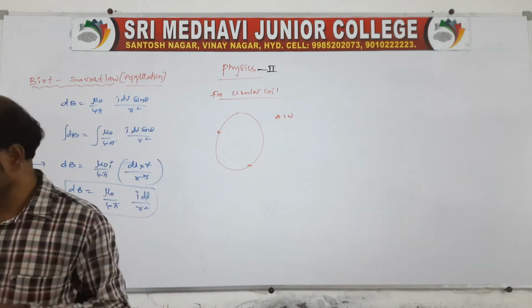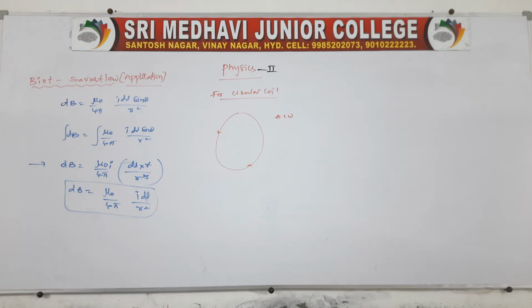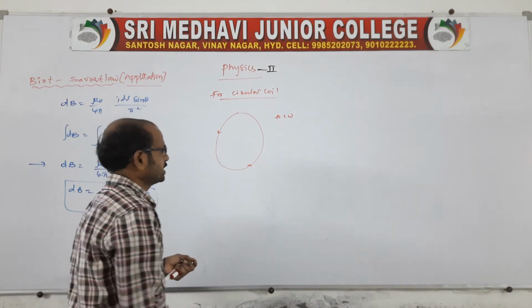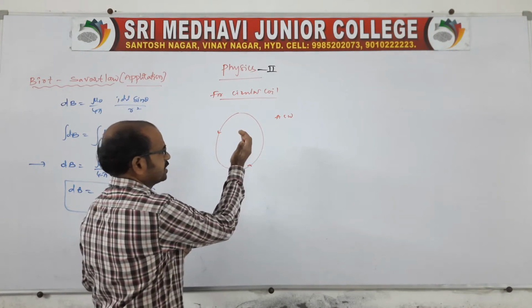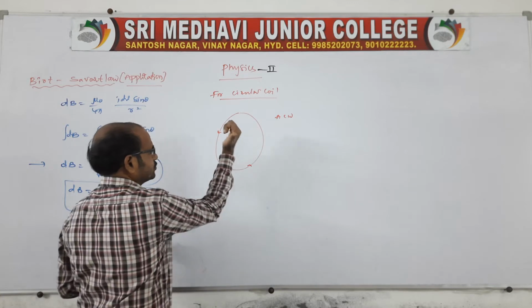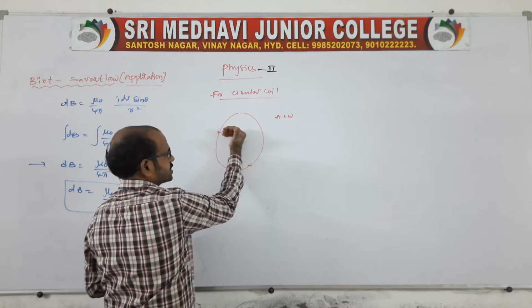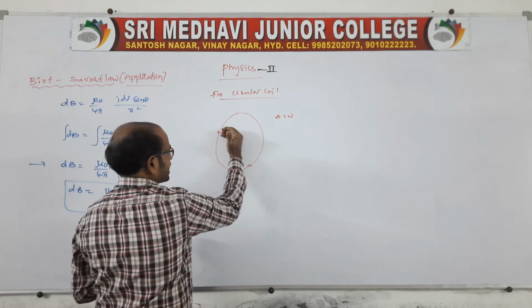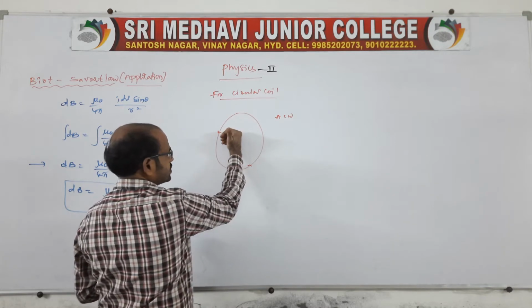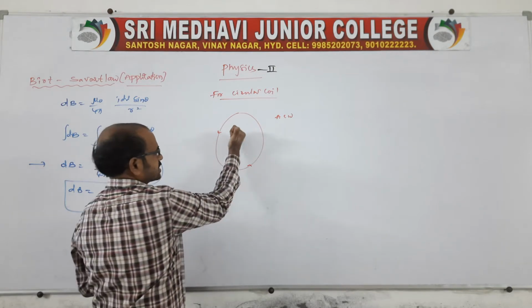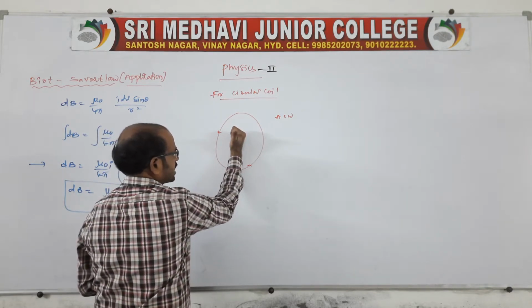Take the same right hand and put it like this, so there will be folded fingers. The folded fingers indicate the direction of current in the circular coil, whereas the thumb indicates the direction of the magnetic field.